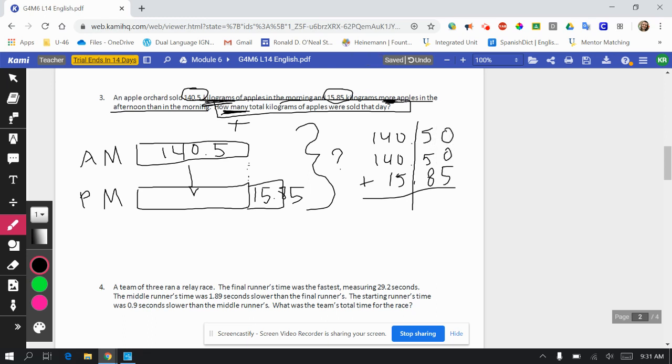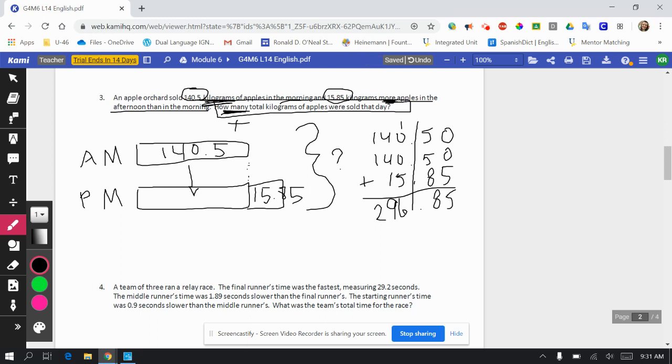All right, here we go. 0 plus 0 plus 5 is 5. 5 plus 5 plus 8 is 18. 1 plus 5 is 6. Don't forget your decimal over there. 4 plus 4 plus 1 is 9. 1 plus 1 is 2.